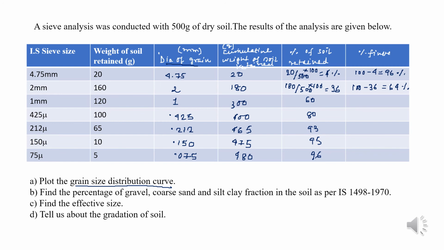Similarly, we calculate the rest and we get it's 40% now, 27, 5 and 4%. Okay, so now we can plot our grain size distribution curve, and then we will find out what is my percentage of gravel or coarse sand or silt clay fraction from the curve, and accordingly the effective size, and then the gradation of the soil.